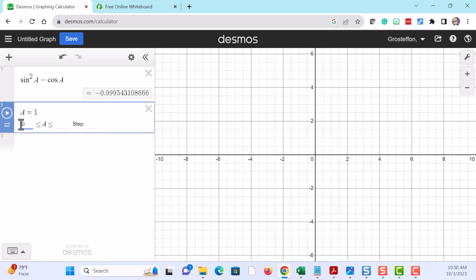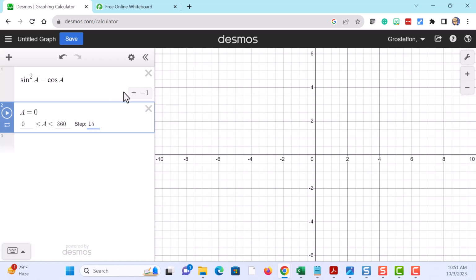So I'm going to enter 0 as my lower bound for A, 360 for my upper bound, and a step of 15 because all of our special angles are divisible by 15. 30 divided by 15 is 2, 45 divided by 15 is 3, and 60 divided by 15 is 4.